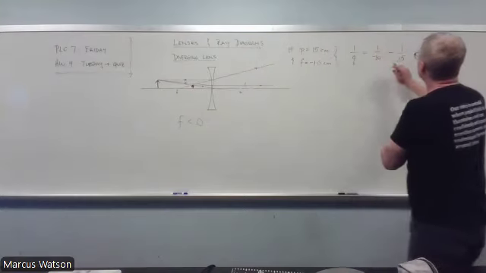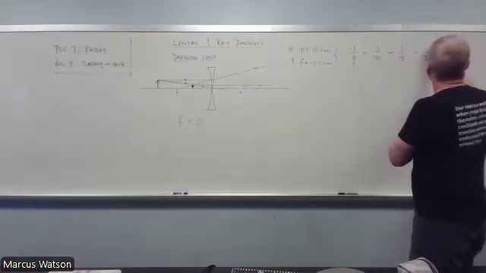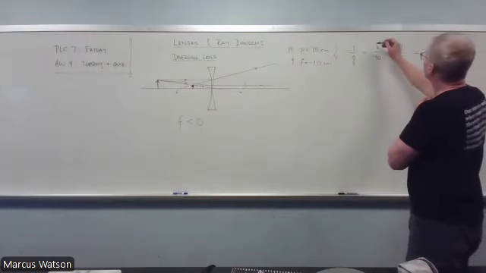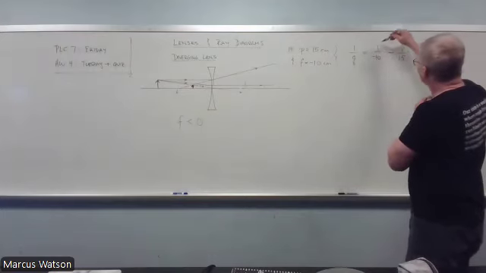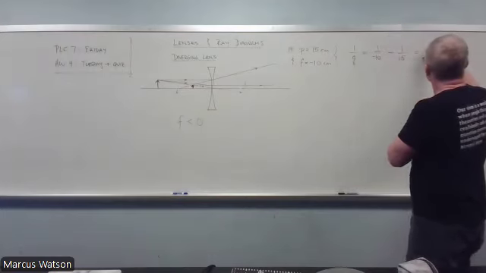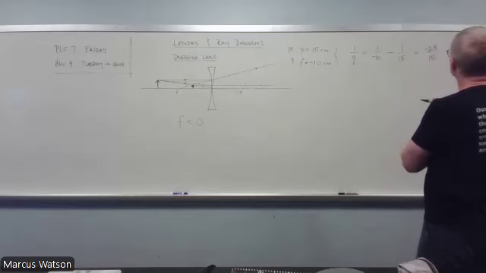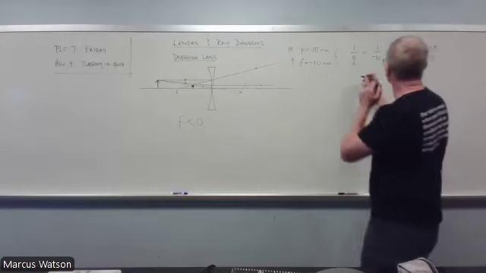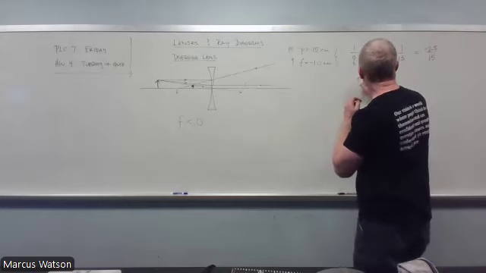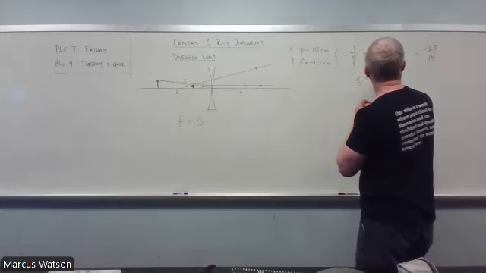Okay, so I'm going to hit that with a 1.5, which makes it negative 1.5 minus 1, that's negative 2.5 on the top, and 15 on the bottom. Let's see, 2.5 twice is 5, 3 times that is 15, so it should be 6. Q should be negative 6 centimeters.